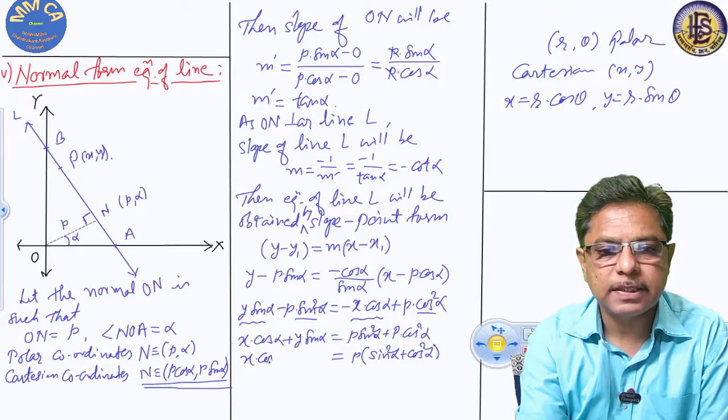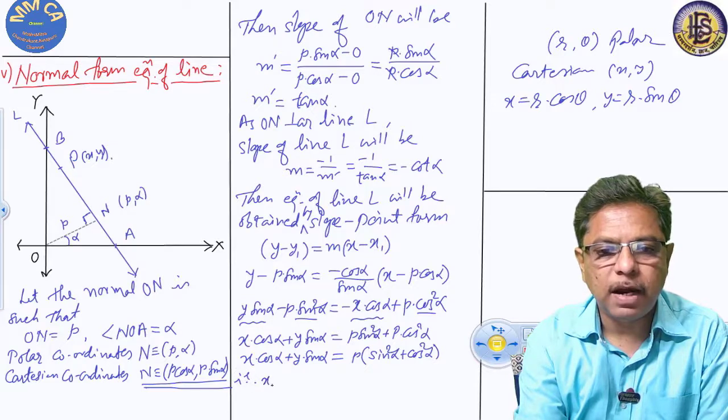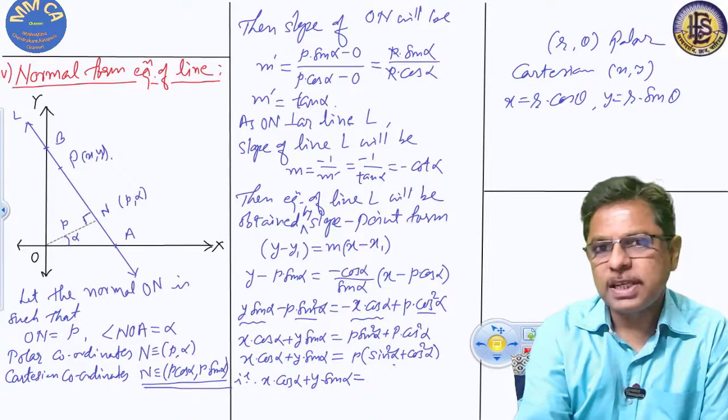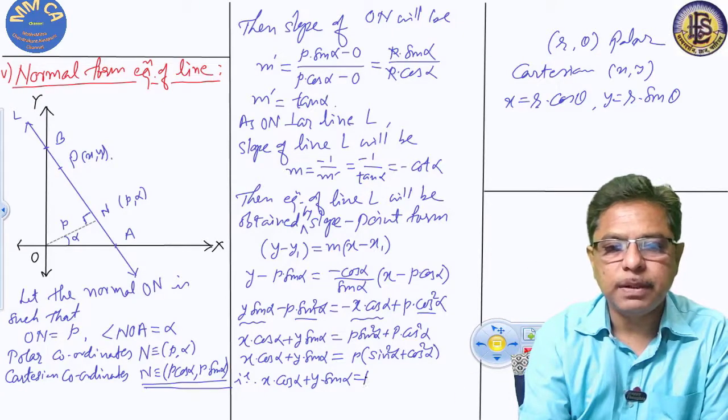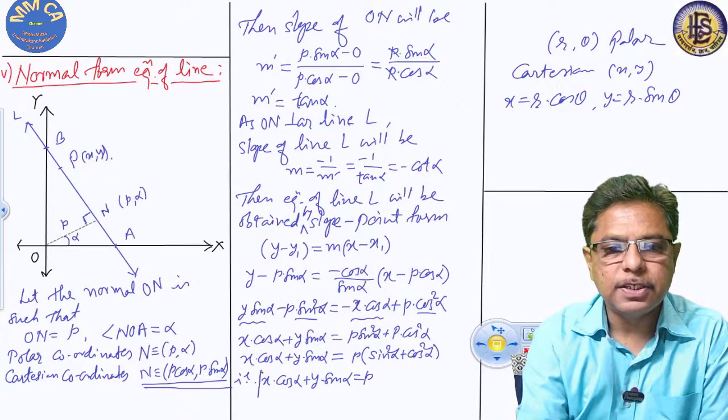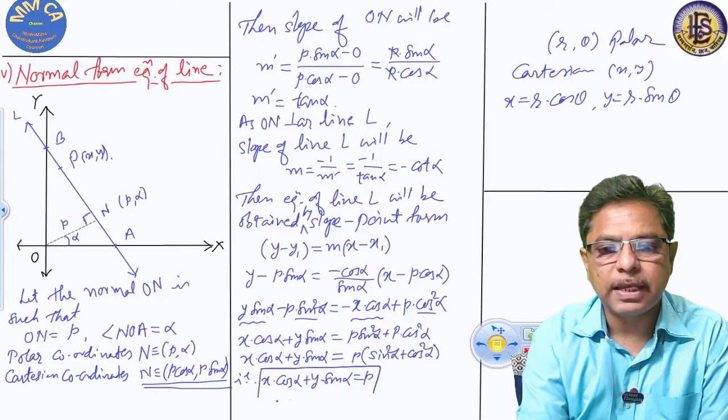This is x into cos alpha plus y into sin alpha. And that is, we are getting the final result. It is x into cos alpha plus y into sin alpha is equal to, the value of sin square alpha plus cos square alpha is 1 by identity, and so we are getting this p. And this is the equation of straight line.